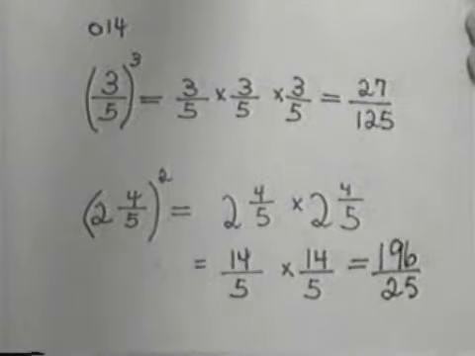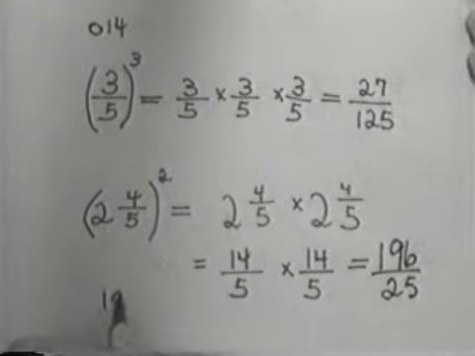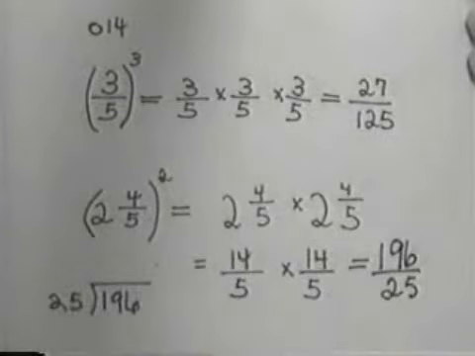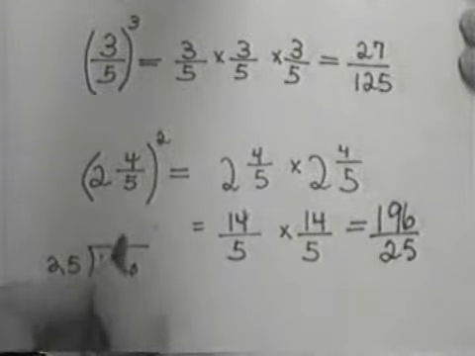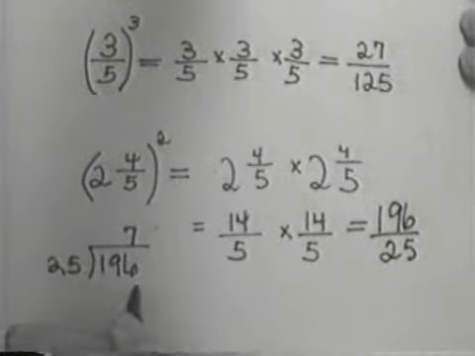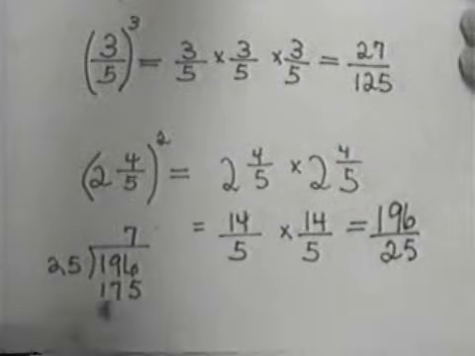But if we prefer to make it a mixed number, we can. So let's come over here and divide 196 by 25 and see what our mixed number would end up being. 25 will go into 196 7 times. 7 times 5 is 35, and carry our 3. 7 times 2 is 14 and 3 is 17.